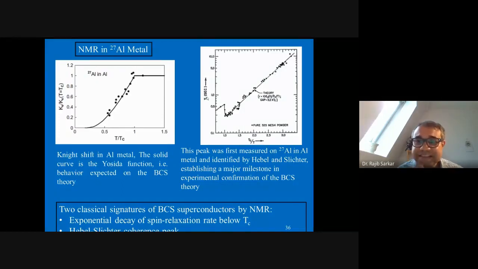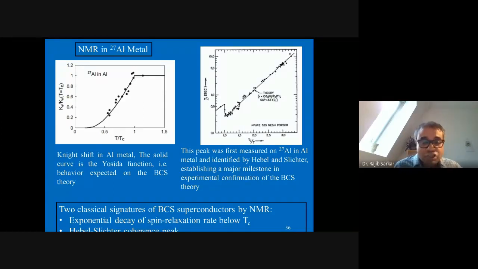Why is this happening? Because you are opening up a gap in the superconducting state. It may be an isotropic gap or an anisotropic gap, depending on the superconducting wave symmetry. So you can get different types of gap, and this gives you a preliminary idea of what kind of gap your system possesses. That's the crucial thing.